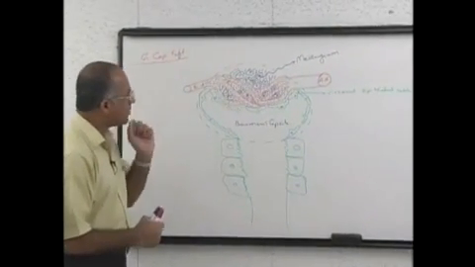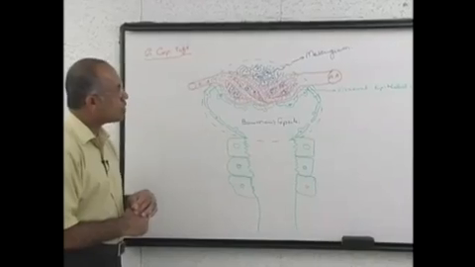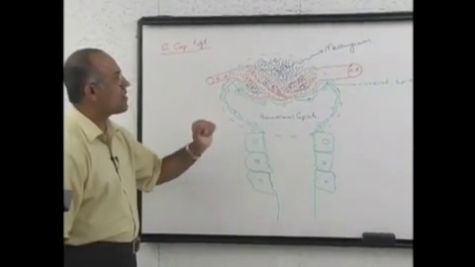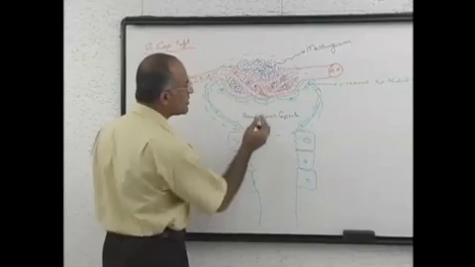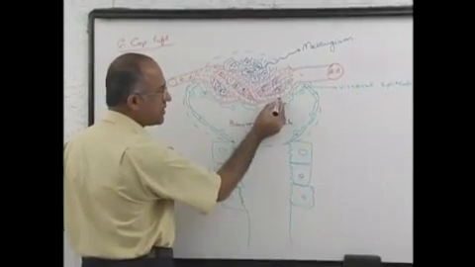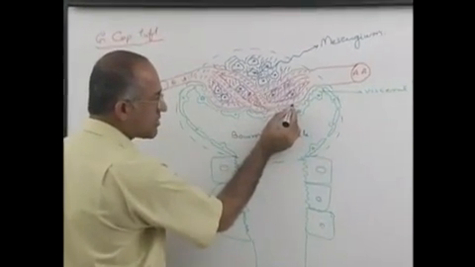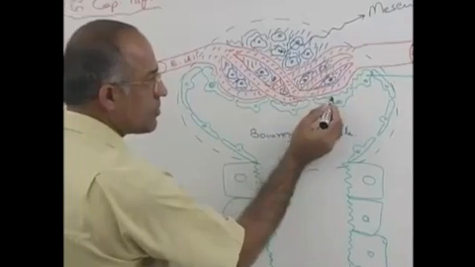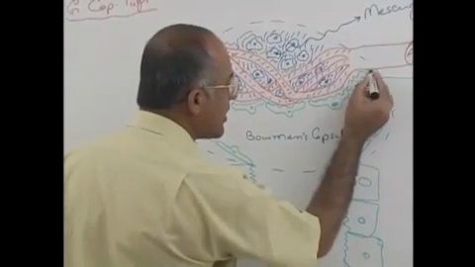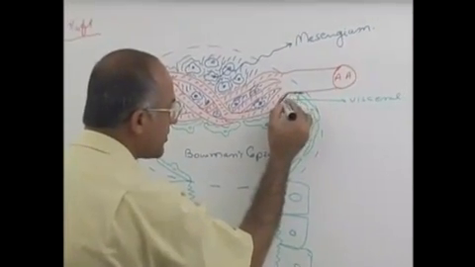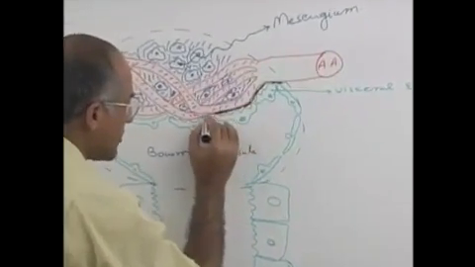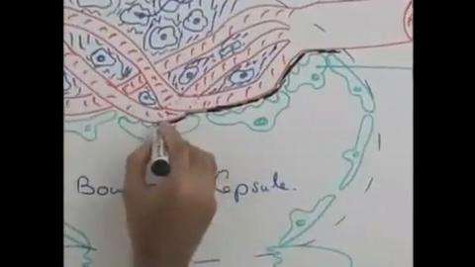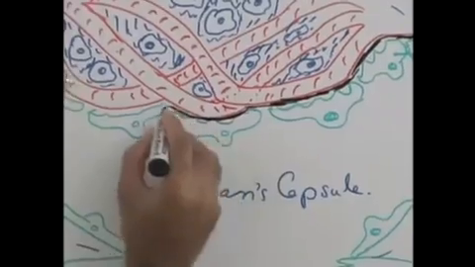Right? Now, I will go into detail of every part. And one thing which is very important, that between the capillary endothelial lining and this epithelial lining, here is a basement membrane. What is it? Basement membrane. On one side of this basement membrane, there are endothelial cells of the capillary.